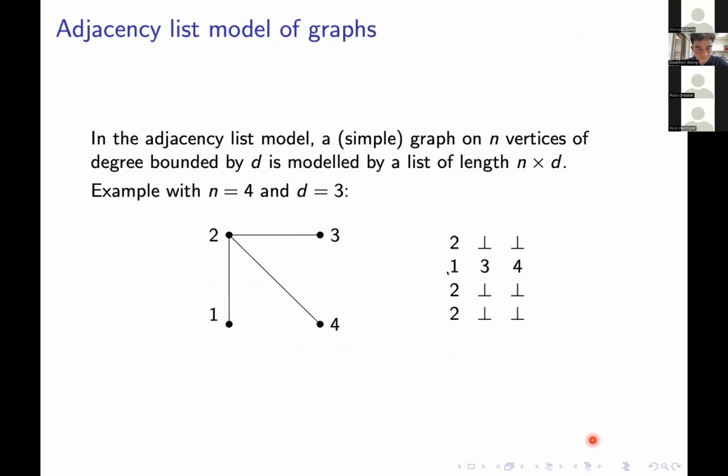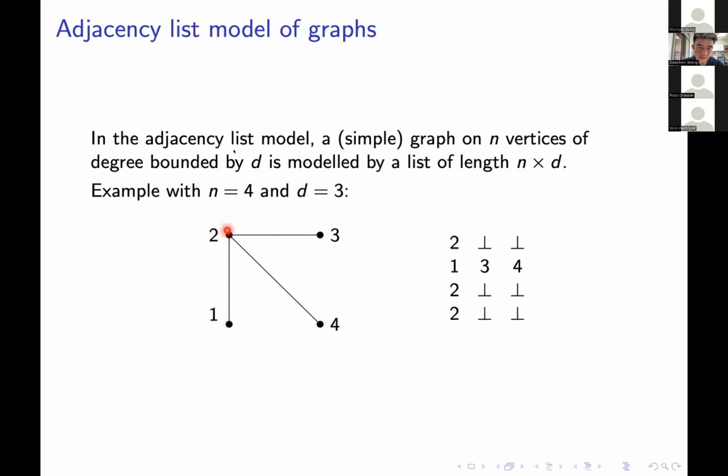In the adjacency list model of graphs, a graph on n vertices of degree bounded by d is modeled by a list of length n times d. Here's an example with n equal to 4 and d equal to 3. This graph is our friend from before. The first row is 2 perp because it contains a list of neighbors of the first vertex.